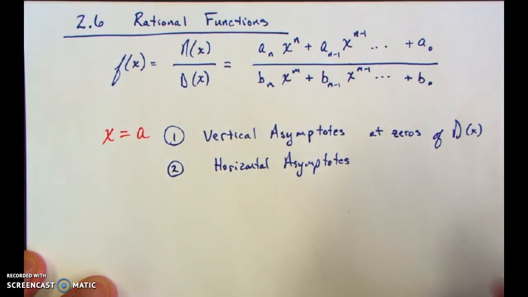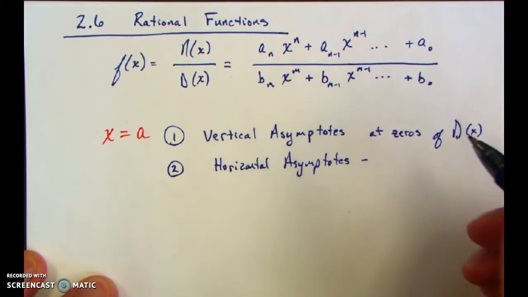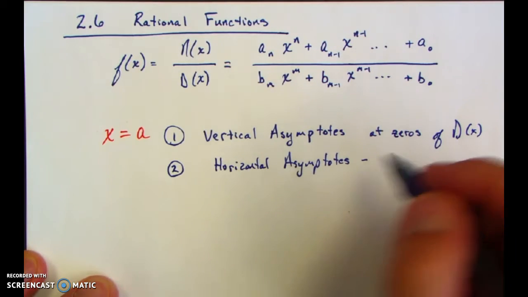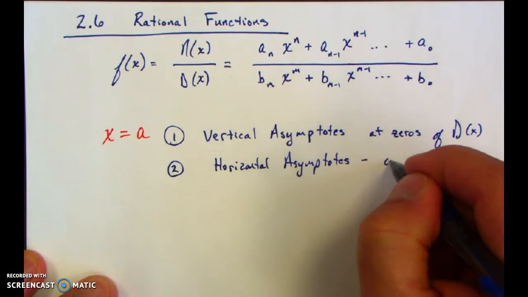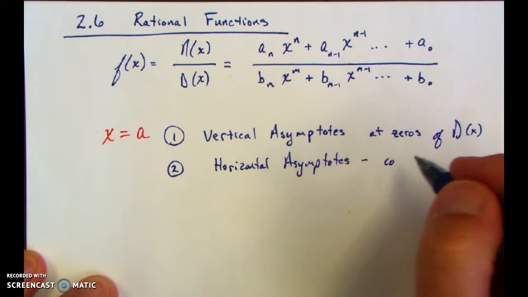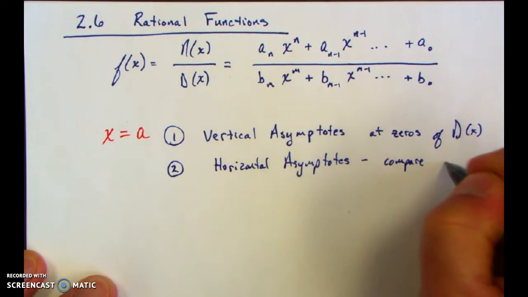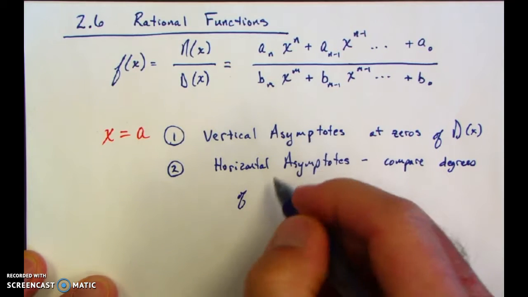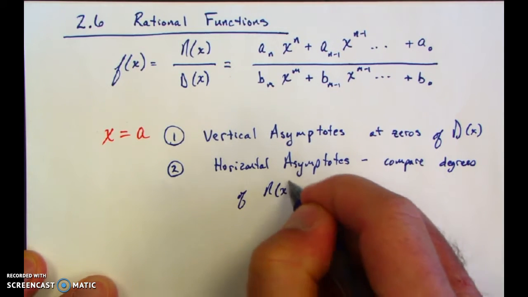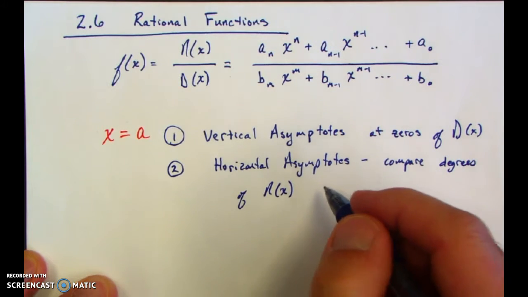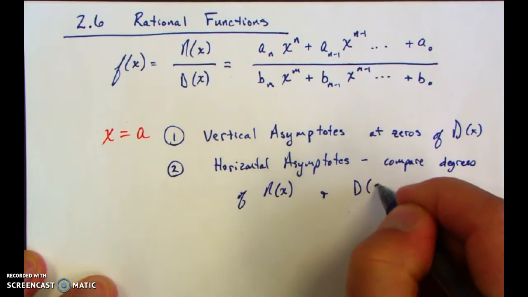Now, these occur in different places, and to determine where these horizontal asymptotes are, we compare the degrees of our numerator and denominator. So we have the numerator as function n of x and our denominator is function d of x.